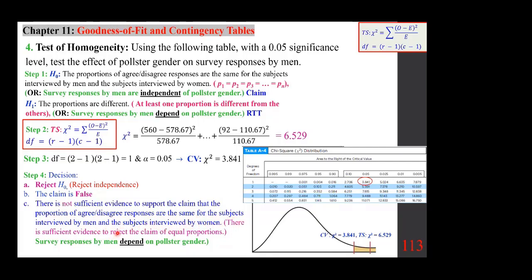There is sufficient evidence to reject the claim of equal proportion. This is another way of writing it: survey responses by men depend on pollster gender. I want you to look at the three different ways that I wrote here, because depending on the way they may expect you to answer, any of them is acceptable.